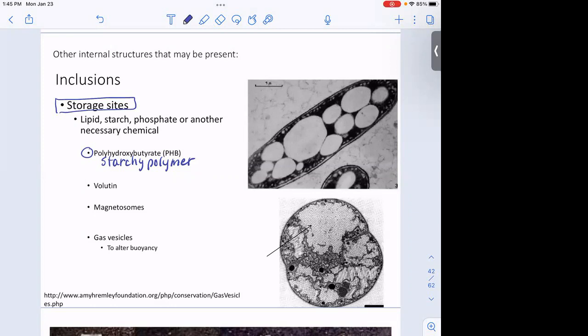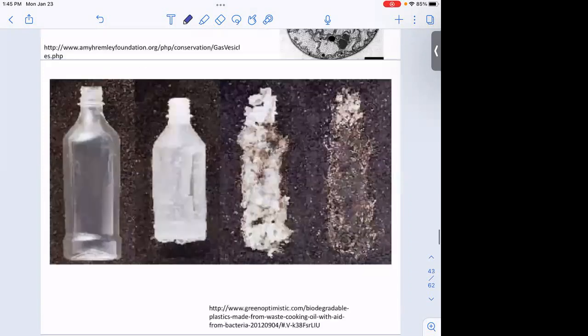And that's what this picture is right here, especially if we grow them in certain kinds of media. I think a medium that's low in nitrogen, maybe. And we can get them to fill up like 80% of their cell with this PHB. And we can actually use that to make biodegradable plastics. Okay, I'll come back to this slide, but here's an example of some plastics made with PHB, this bacterial product that we manipulated them to make.